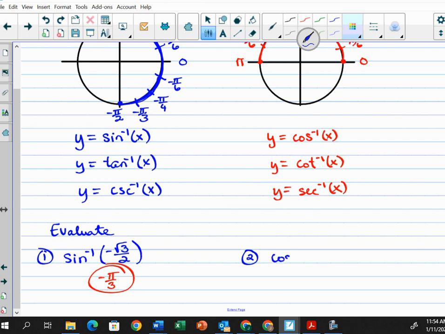All right, inverse cosine, root 2 over 2. Pi over 4 is the answer.